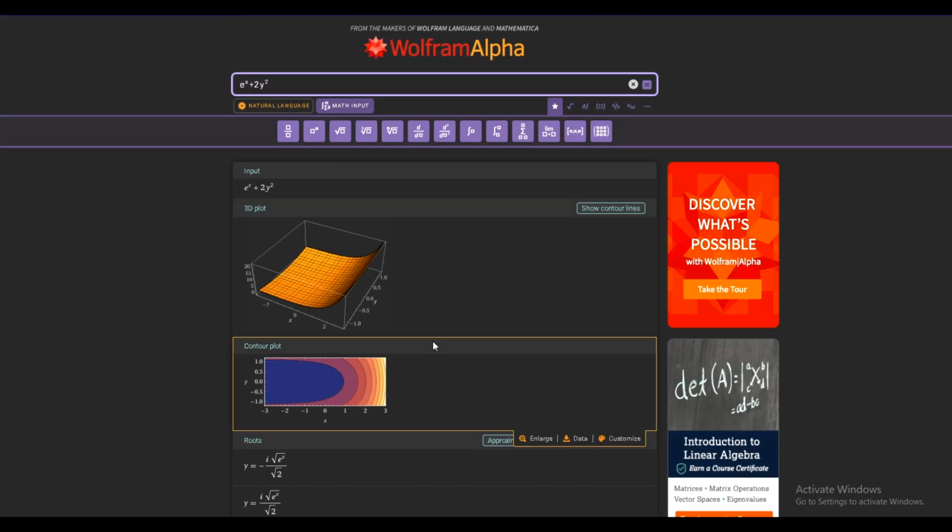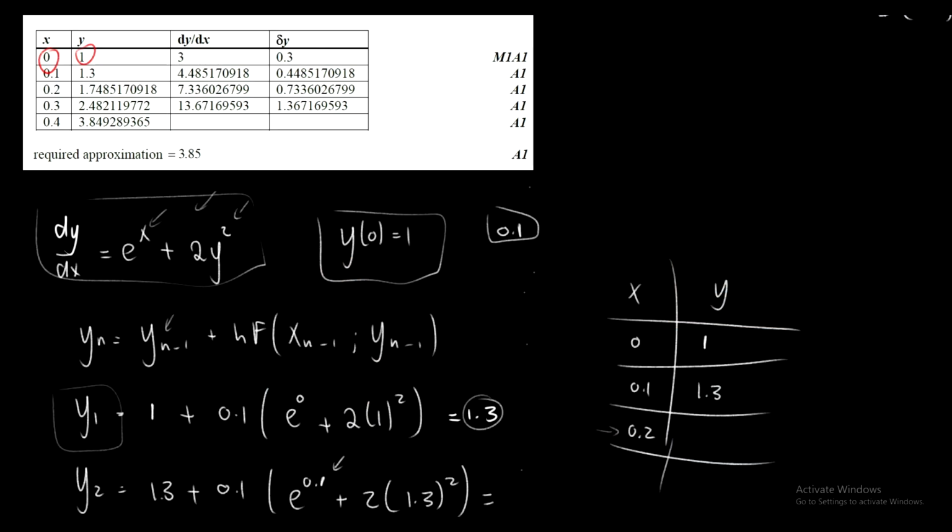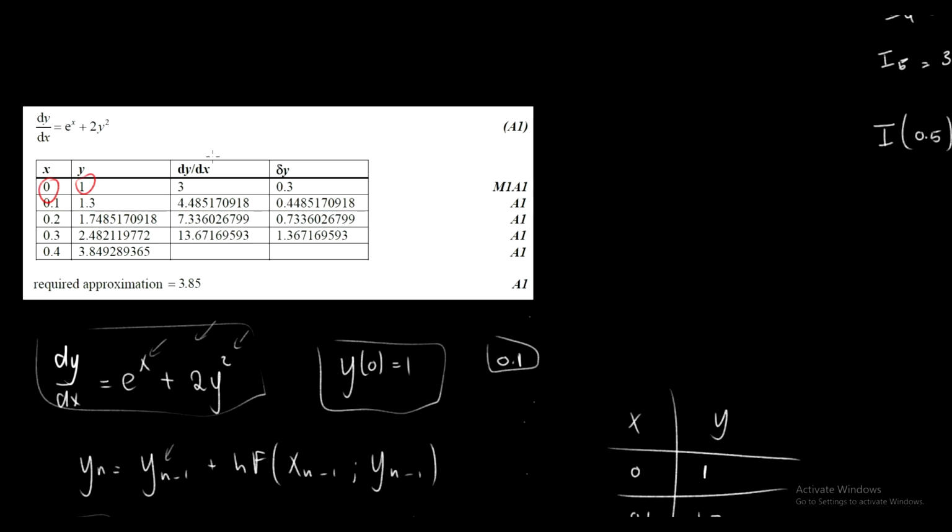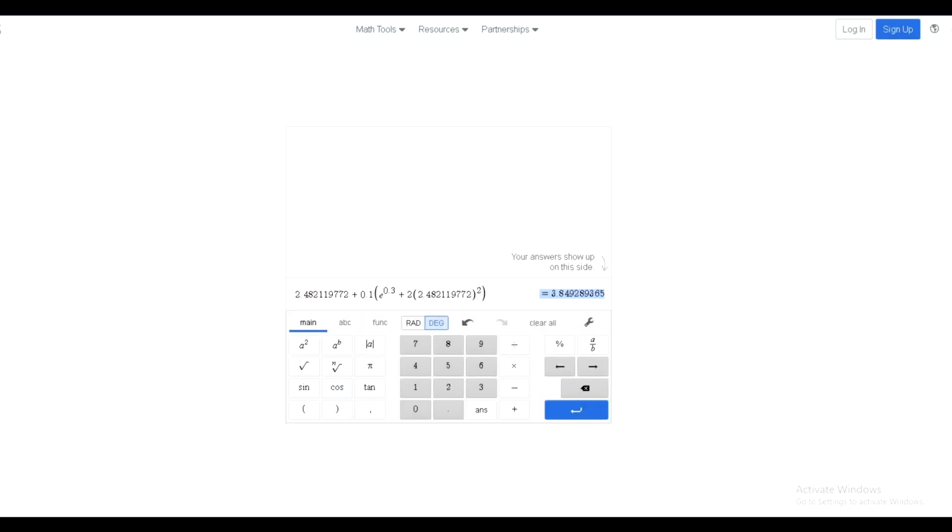Hell no. But anyway, that would sort of be what you're trying to do. I'm not too sure what the full question is in this particular case. dy dx, I'm assuming you just plug in these values, right? You just plug it in. Let's see. I'm sure that's what was asked.